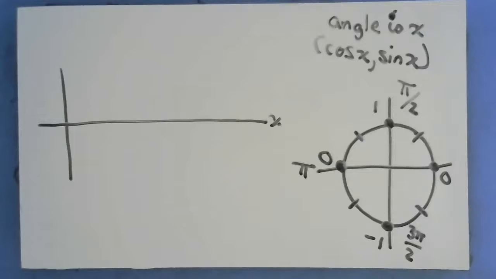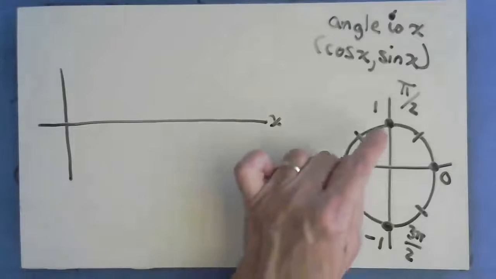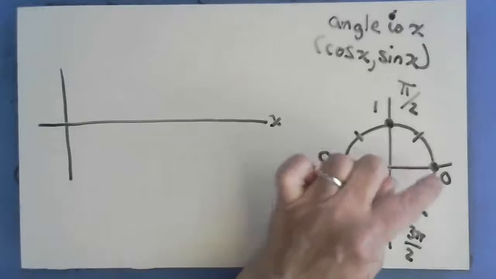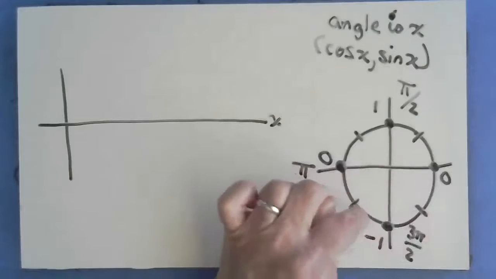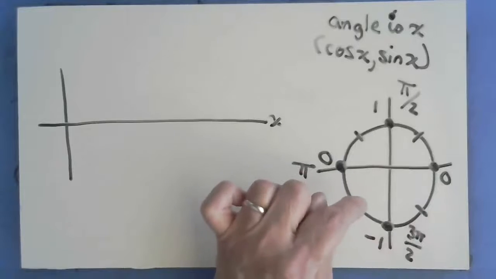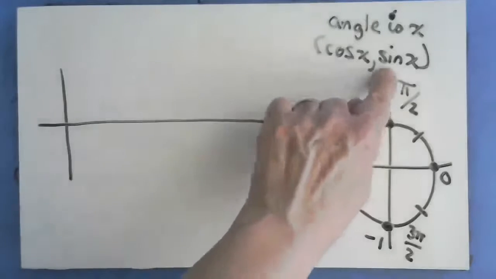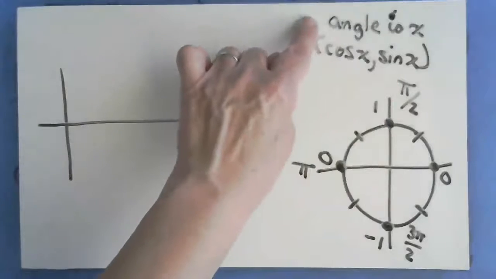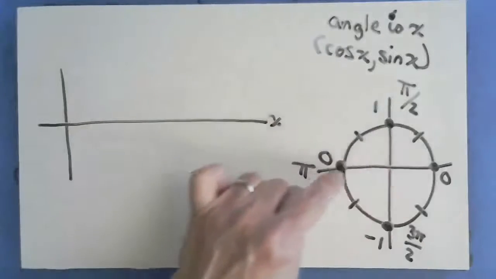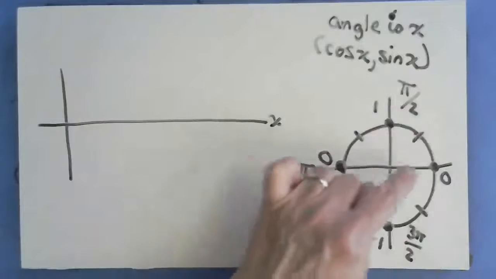So what I want to do here is show you how to go from the unit circle, where every point on the unit circle, its ordered pair, the coordinates, are cosine x, sine x, where the angle is x. So we're not plotting x on the axes here.